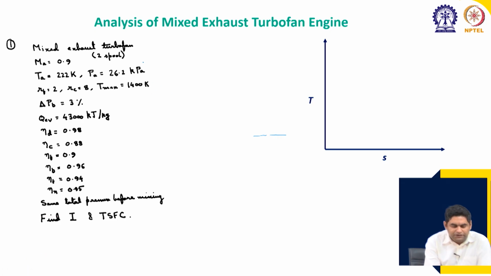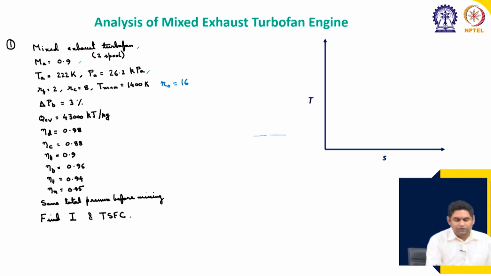So, instead of the mixed exhaust turbofan, now we will have a turbojet engine, and Mach number is 0.9. Inlet conditions are fixed: 26.2 kPa, 222 Kelvin. Now, we will fix the overall compression ratio as 16 because we do not have a fan here.